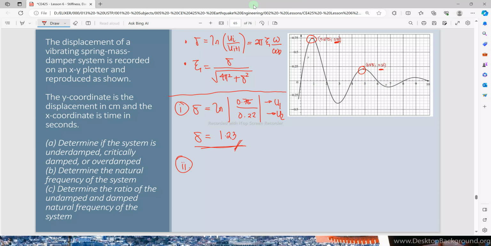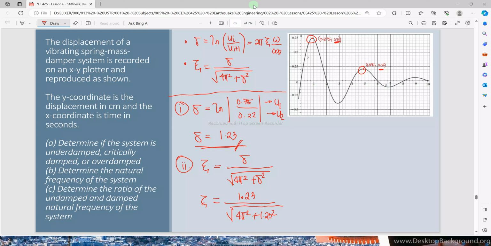Next, let's find the damping ratio. The damping ratio is equal to the logarithmic decrement over square root of 4 pi squared plus delta squared. So we will have 1.23 over square root of 4 pi squared plus 1.23 squared.